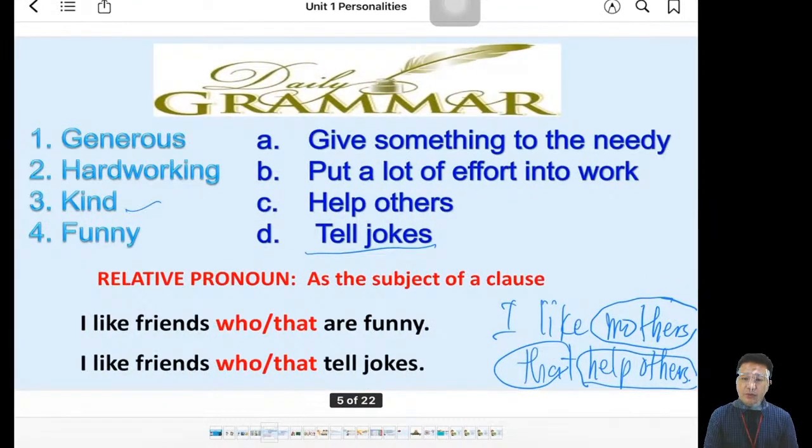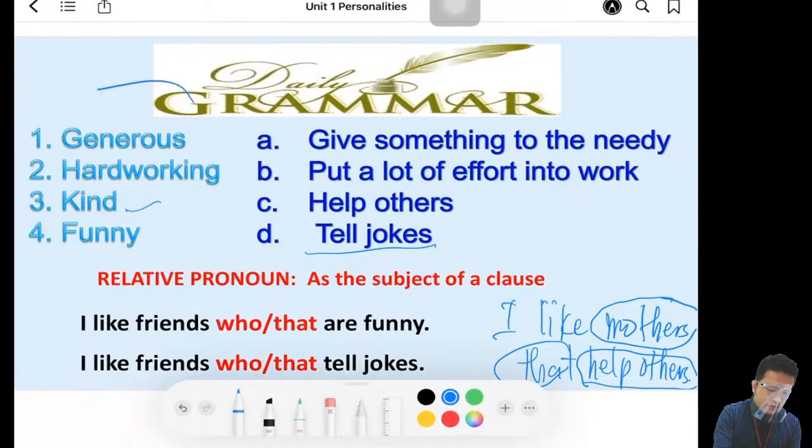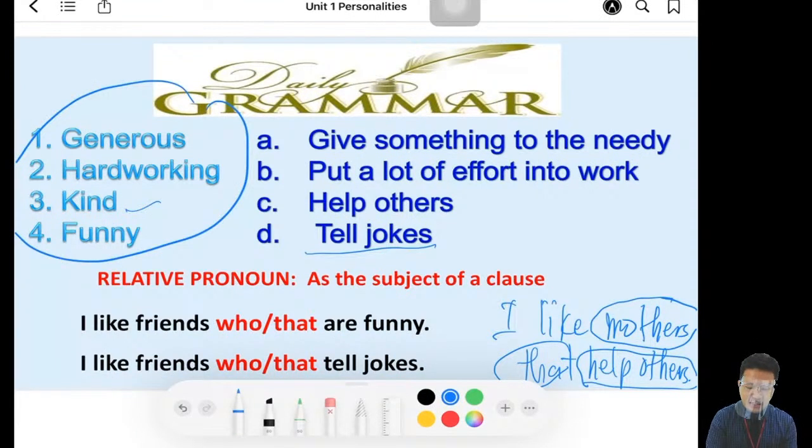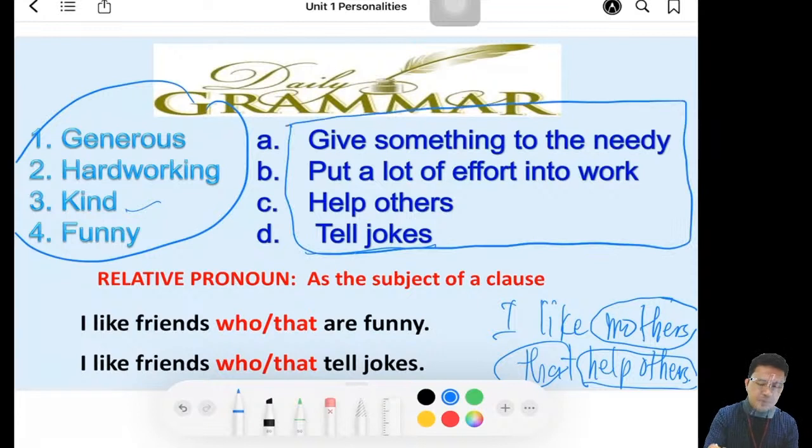Okay, a while ago you learned how to use these vocabulary words such as generous, hardworking, kind, and funny. And you also learned how to use these meanings by combining them in sentences. Like this example, I like mothers that help others.